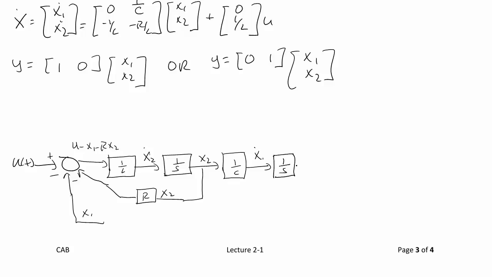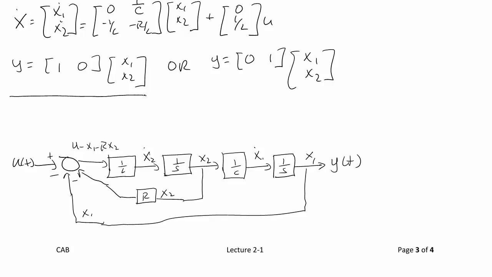We integrate x1 dot by multiplying by 1 over S, and we get x1, which connects back to here. And then the output, Y of t is equal to x1 for this first equation, or if Y of t is equal to x2, which is the second equation, then we would show y of t right here.